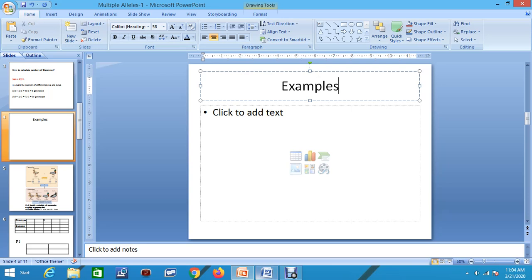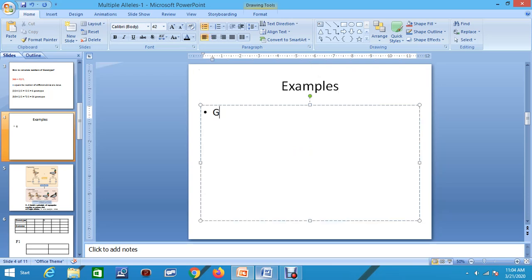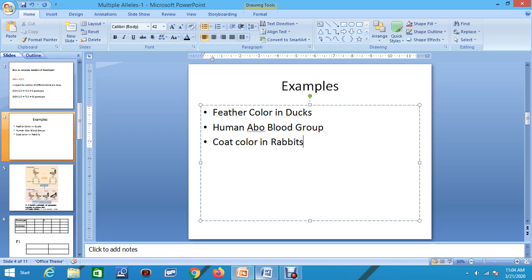Notable examples are: one of them is feather color in ducks, the second one is the human ABO blood group, and the third example is coat color in rabbits. ABO, B should be capital. So we will explain them one by one.